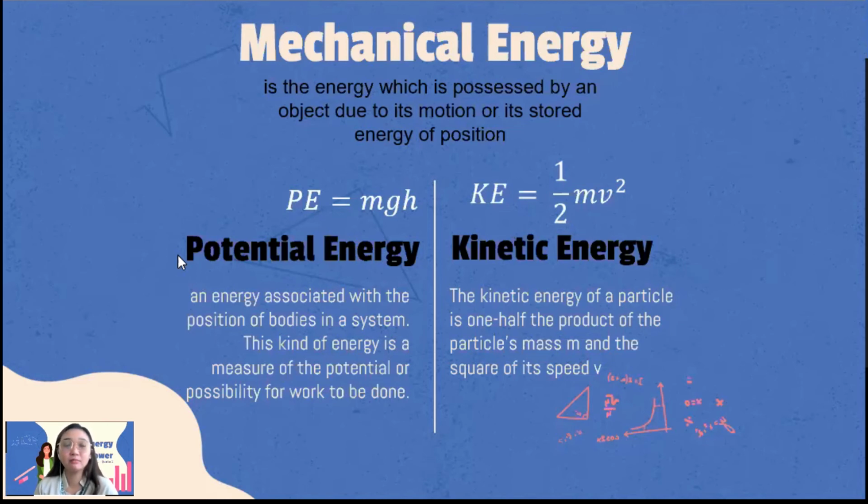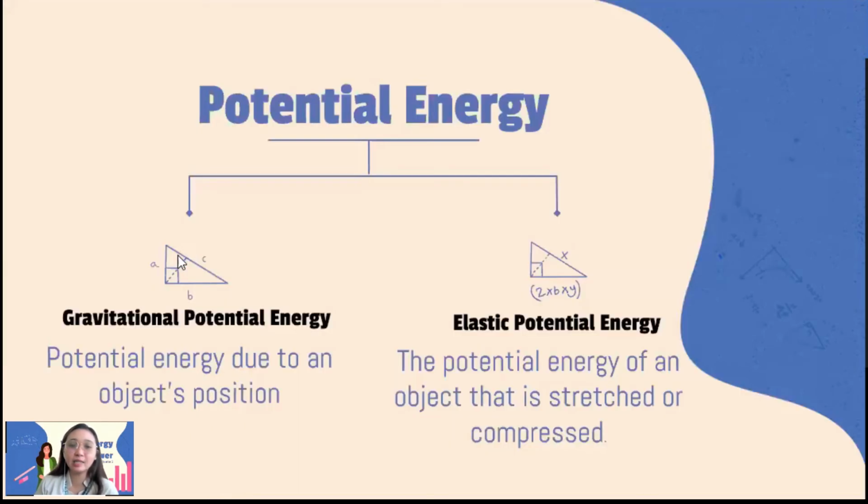So dito naman, since potential energy is the energy at rest, ano dito, kung ano yung stored energy mo at specific position sa Earth. Okay? So, meron pa tayong dalawang klase ng potential energy. Yung na-define natin kanina, mathematically, yung mgh, siya po yung tinatawag nating gravitational potential energy.